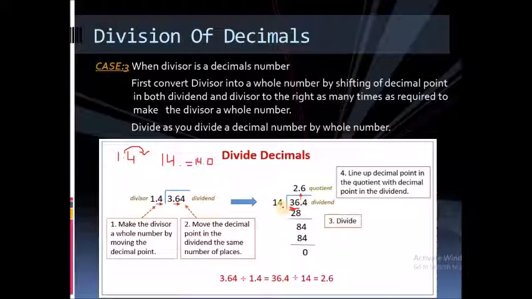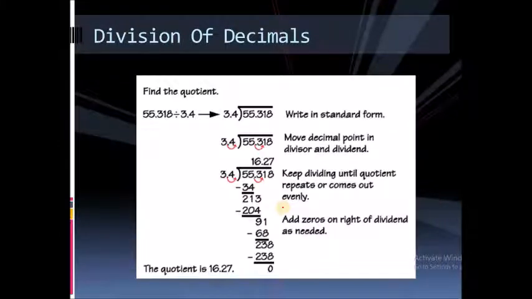Okay, so let's see one more example of it. Here you can see my dividend is 55.318 and my divisor is 3.14. Again, to make my divisor a whole number first, I have to shift the decimal point to the right. How many times do I have to shift? I have to shift just once.